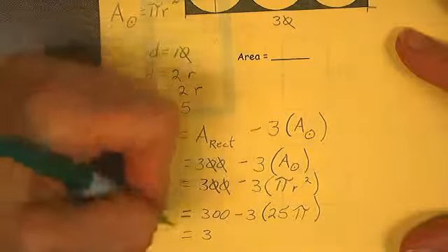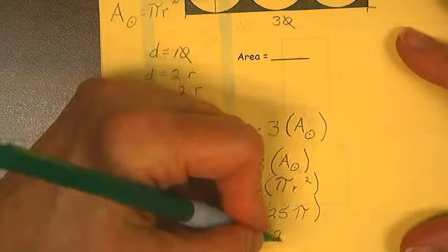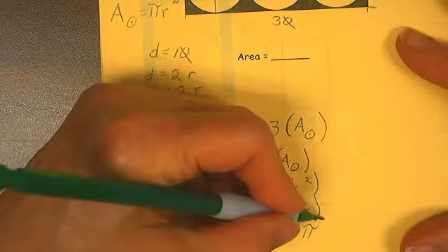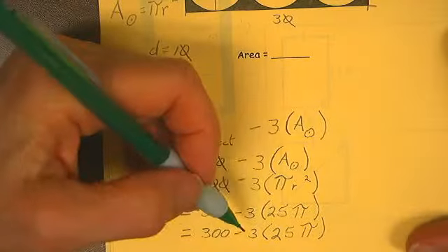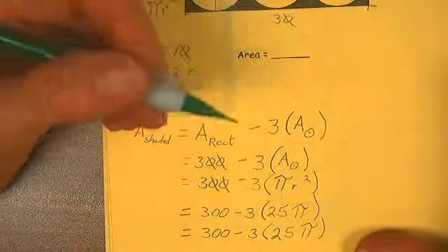My area is exactly 300 minus 3 times 25 pi. 3 times 25 pi is 75 pi.